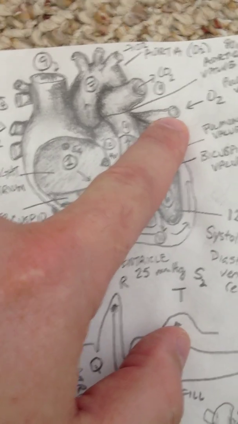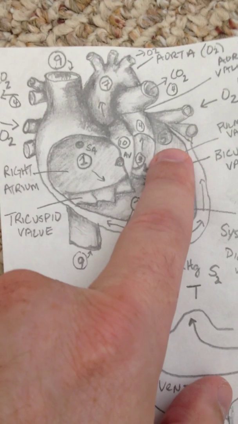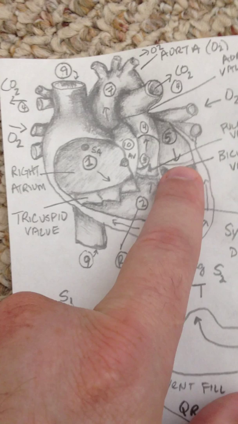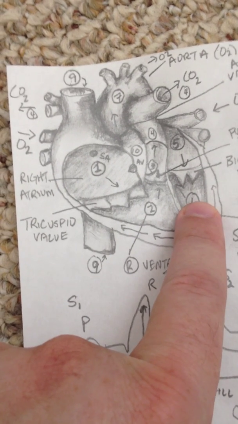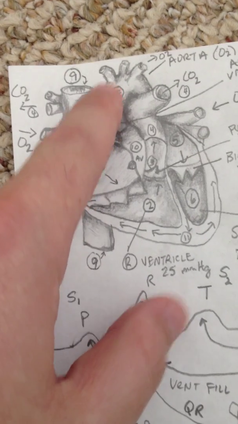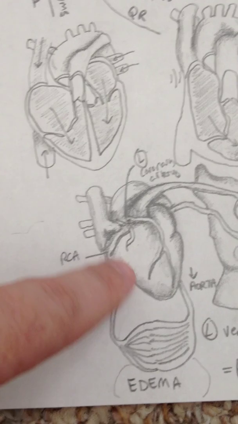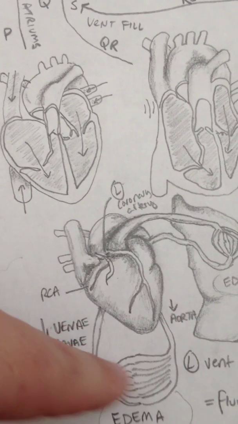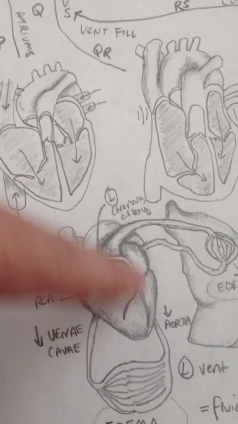Right through here, the pulmonary vein then comes where? Into the left atrium, and then passes through the bicuspid valve into the left ventricle to then be pumped out what? The aorta. The aorta then leads oxygen where? To the peripheral. I mean all over the body via what? Our arterial system of the blood system.